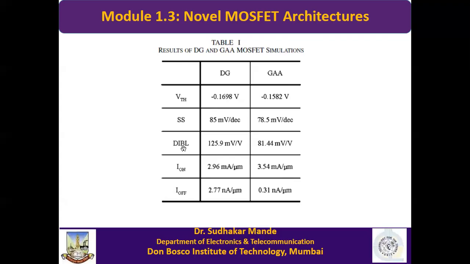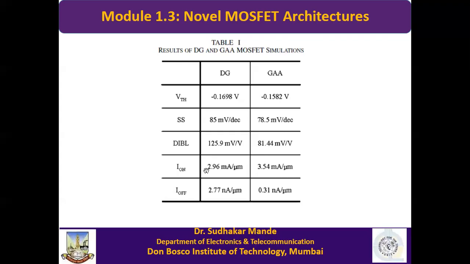Then drain induced barrier lowering, which means the impact of drain on leakage current. You can see it is very high for the double gate, 125. But if you see GAA MOSFET, it's very low. So that's the reason off current is less.